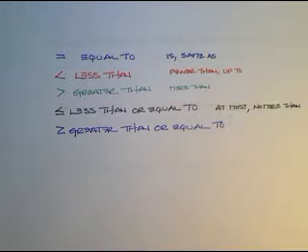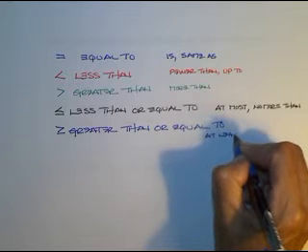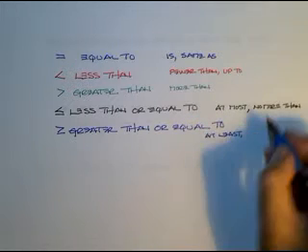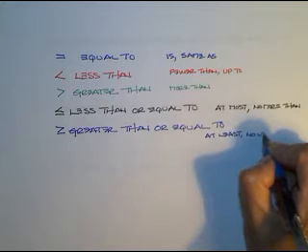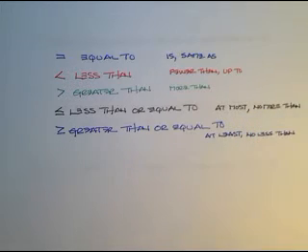And then the last one is greater than or equal to, and you may hear phrases like at least or no less than. So just some different phrases that we use in English mean the same thing in algebra.